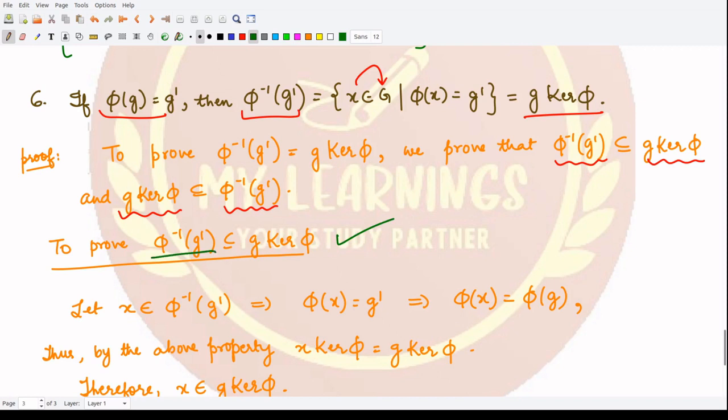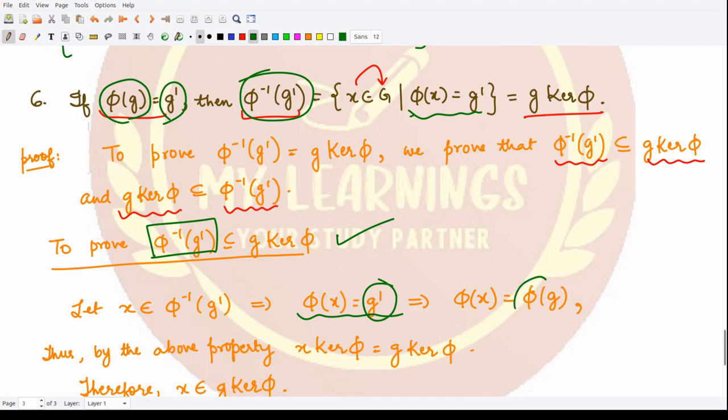So let's move on to our first inclusion. We assume that some element is present here. Let's call that element x, and we will prove that this x is also present here. So it will prove this inclusion. So here we assume that x is present in phi inverse G dash. So what does it mean? It means that phi of x is equal to G dash. By the definition, if you have x belonging to this set, definitely phi of x would be equal to G dash. So from here, what is the definition of G dash? We have assumed G dash to be equal to phi of G, so you can write phi of G here.